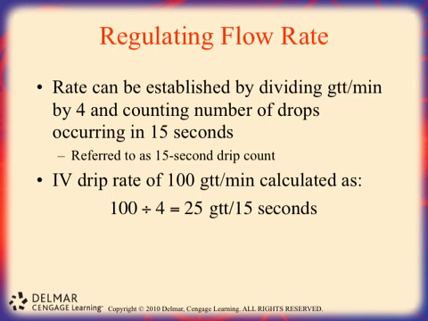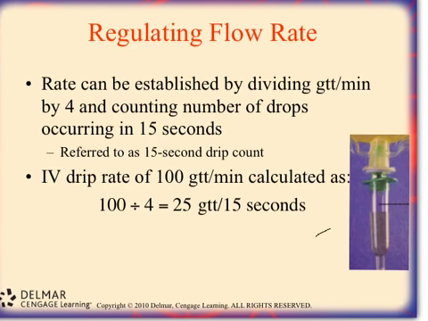Okay, now once you have figured out how many drops per minute you need to give, then of course you have to count the drops in the drip chamber. The drip chamber, as you recall, is this. And remember I told you that we needed to only fill this half full so that we could count drops. Rather than stand there and count drops for a full minute, regulating the flow rate, you can divide your total number of drops by 4, and that will give you how many drops you need in 15 seconds.